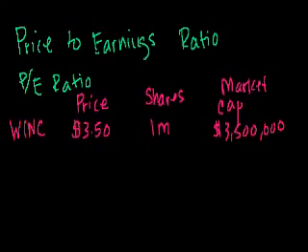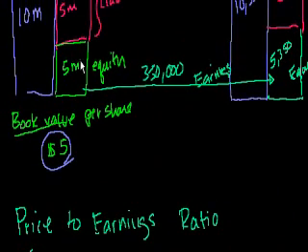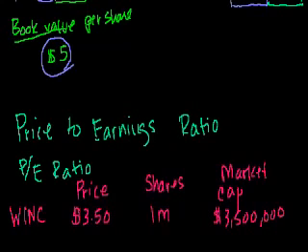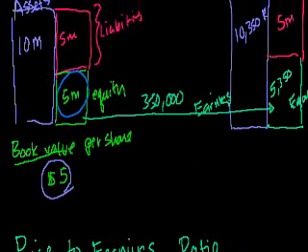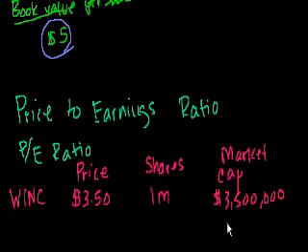In our case, the book value of the equity was $5 million. But the market is saying, no, I don't necessarily believe those accountants. Maybe they're throwing some stuff in here that's not really there. So we say it's only worth $3.5 million. In this case, the company is trading at a discount to its book value.